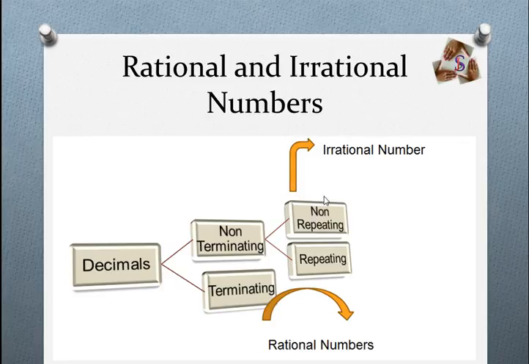So then such type of numbers are called as non-repeating decimals. So when I take a decimal, either it is terminating or non-terminating. Non-terminating, again you can see that either it is a repeating decimal or a non-repeating decimal. A terminating decimal and a repeating decimal can be considered as rational number, whereas a non-repeating decimal is an irrational number.